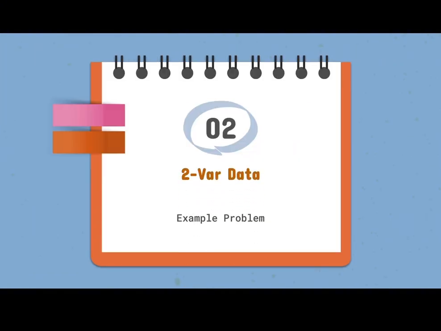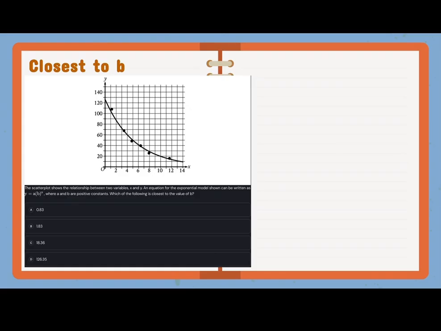Okay, now we move on to two variable data. So we have this question here that shows an exponential model in the formula y equals a times b to the x power, and we have to find which is closest to the value of b. So again, we use this formula, and we can use 2 points to estimate b.